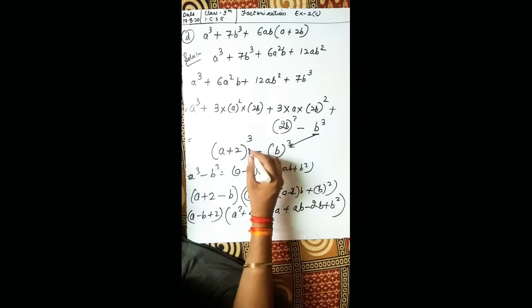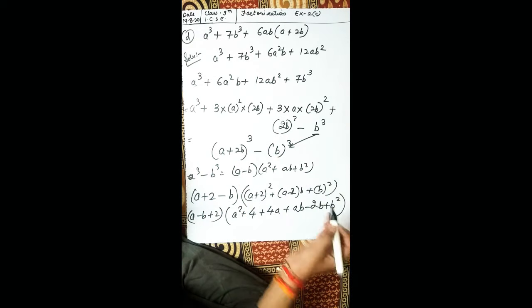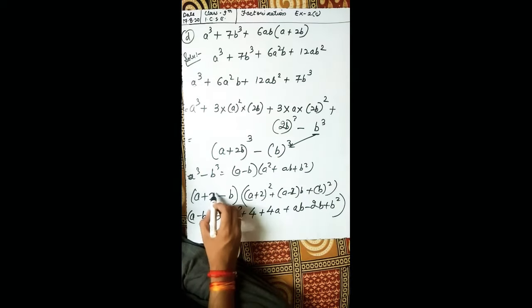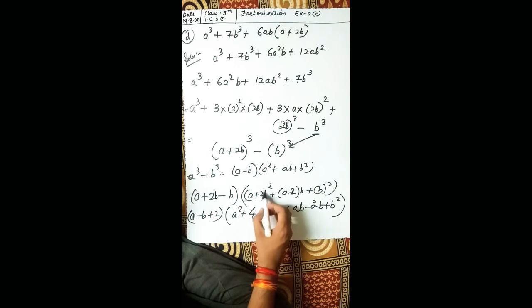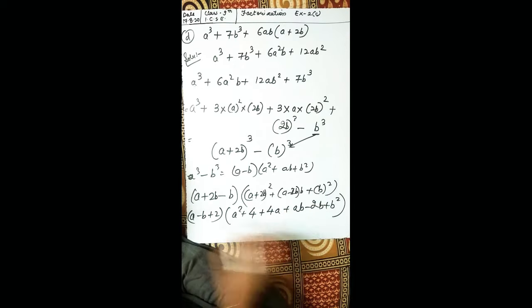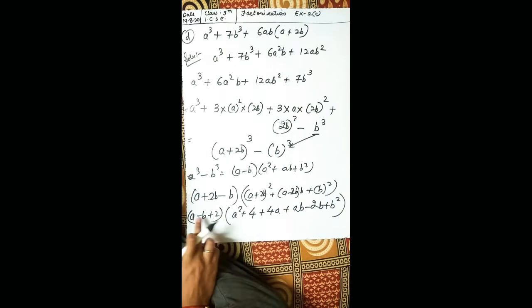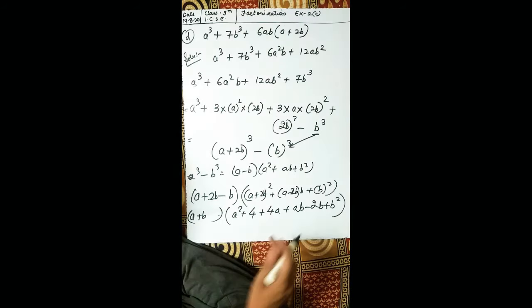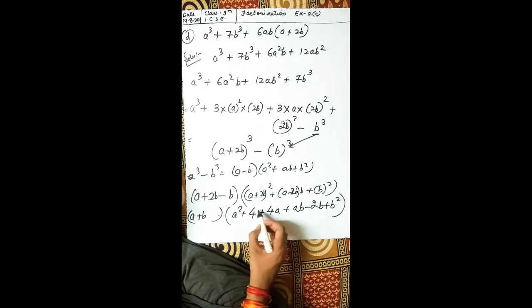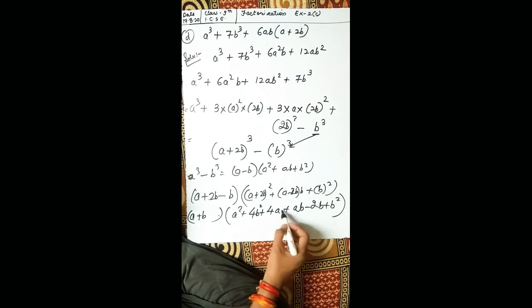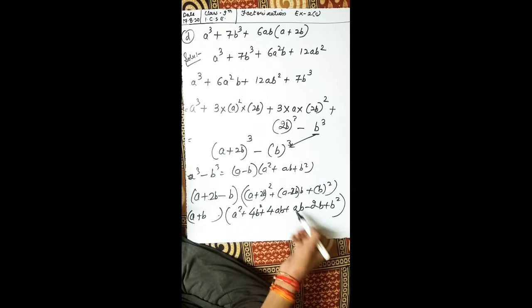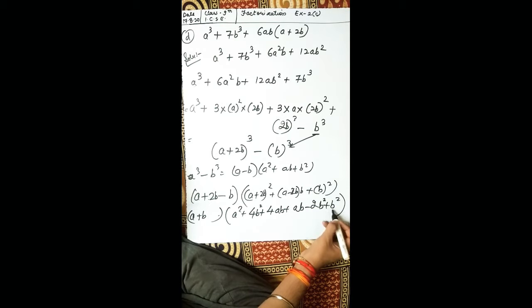Please wait, see, we haven't added b here, so it is 2b. Just make the correction, 2b here, also 2b. So 2b minus b will give you plus b, so this 2 won't be there. 2b minus b is b, and here it will be 4b square plus 4ab, and this is ab, and minus of 2b square plus b square.